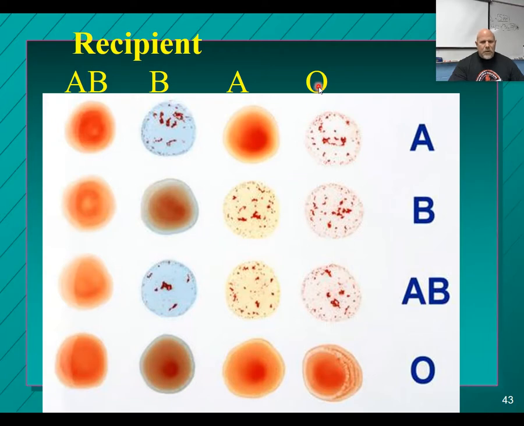The only thing an O person can get is O. They have both the different antibodies, and so when they see these other types of blood, they attack them and clump them up. So you can see type O can only receive type O, but type O can donate to everybody. AB can receive from everybody, okay, but they can only donate to AB.